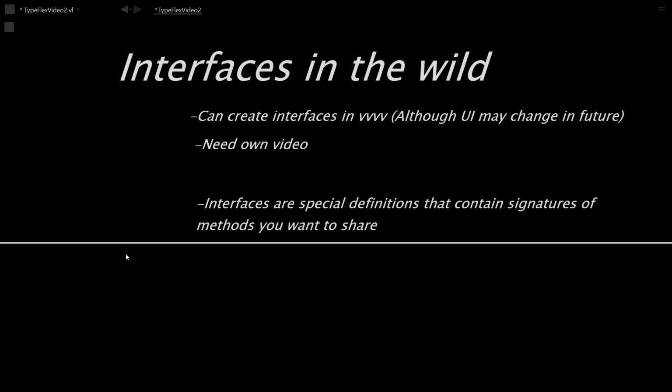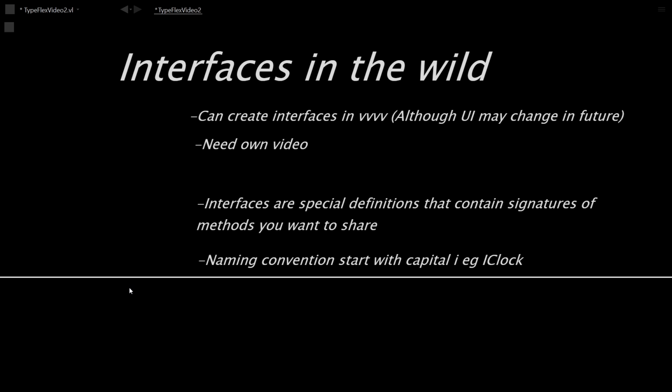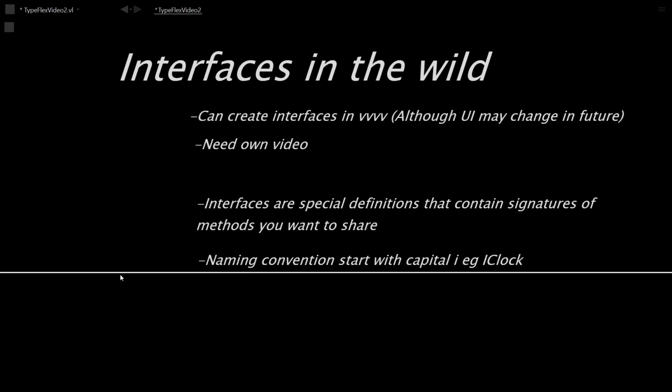Interfaces are special definitions that contain signatures of methods you want to share between different objects. So before with inheritance, the child could only have one parent, and with interfaces, multiple objects can implement multiple interfaces and share functionality. Easier to show than tell, you'll see in a sec. Interfaces have a couple of naming conventions, one is that they start with a capital I, at least in C#.